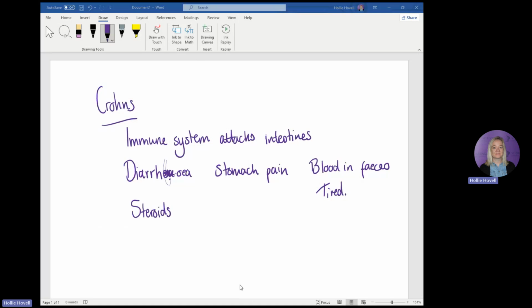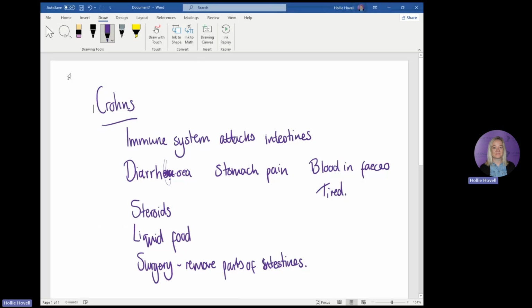You can take medication to suppress your immune system, to stop your immune system from reacting all the time. And sometimes you actually need surgery to remove sections of your intestines if it's got too bad. So liquid food, surgery, remove parts of intestines.